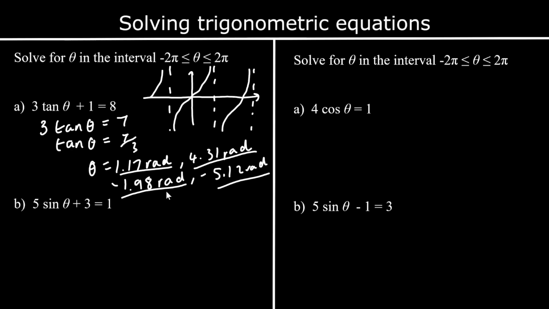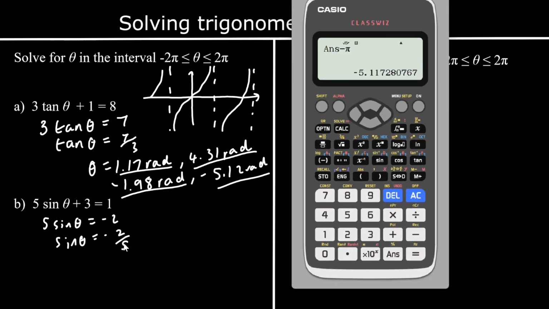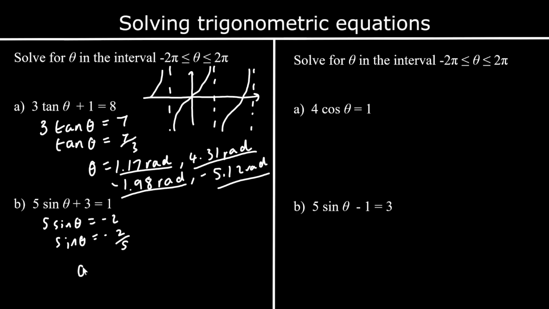The second one, 5 sine theta plus 3 equals 1. So take 3 away and divide by 5. So sine theta equals negative 2/5. So shift sine negative 2/5, negative 0.412.